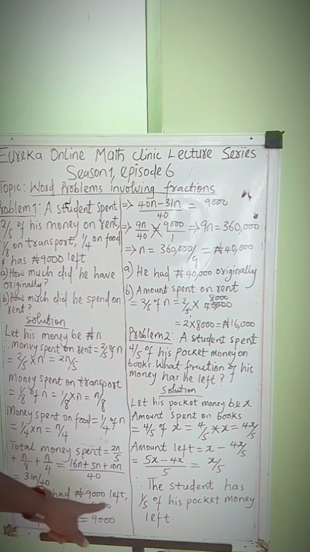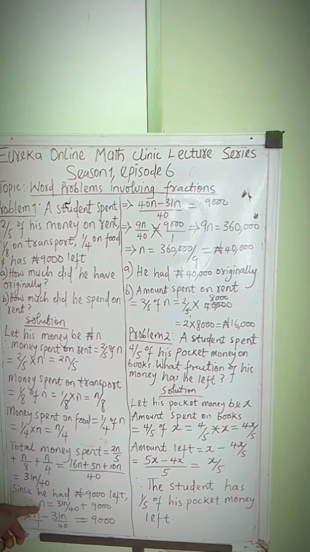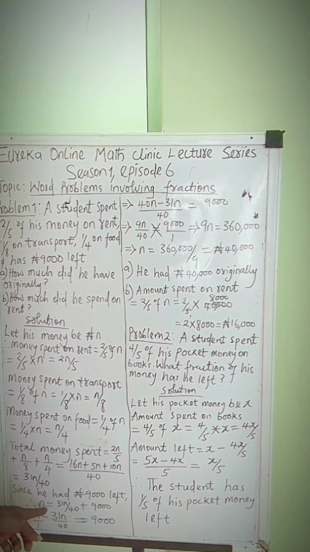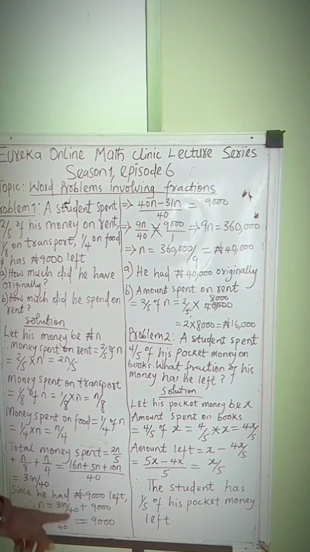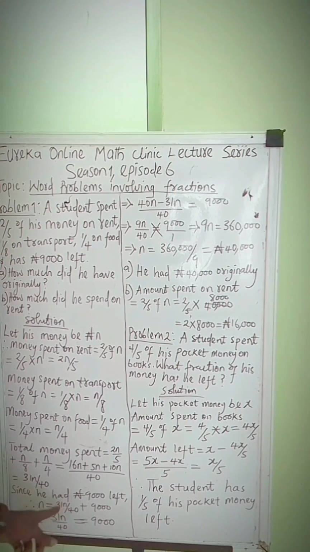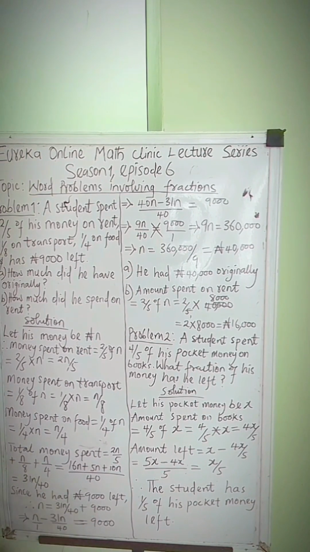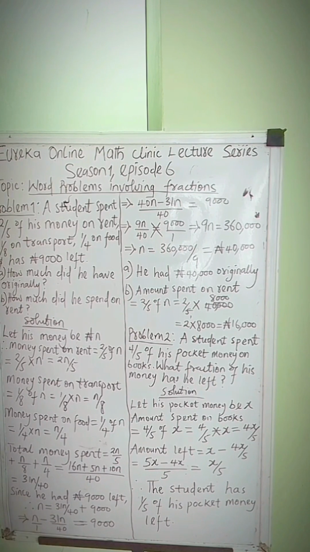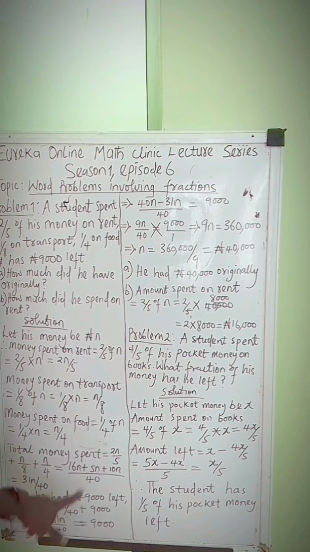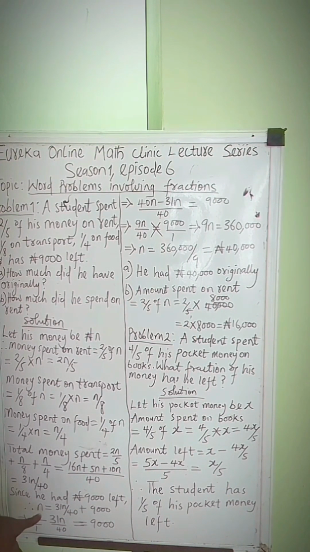Since he had 9,000 naira left, it simply means the amount he had originally, which we represented by N, will be equal to the total amount he spent plus the amount he had left after the expenses. So we'll now solve a simple equation. We collect like terms in N. This one has N, so it will move over to the left-hand side to join the one that has N here.